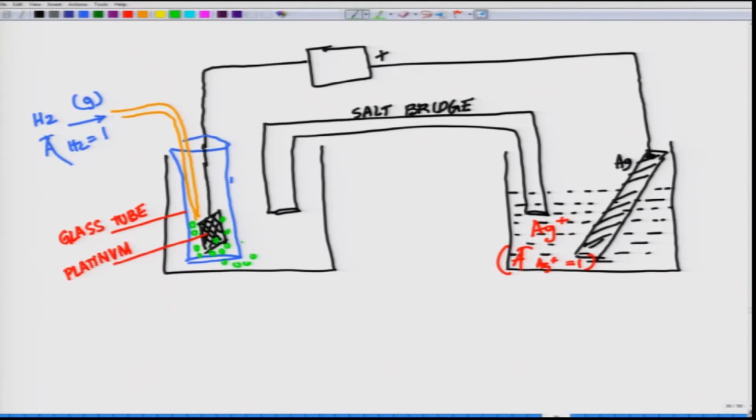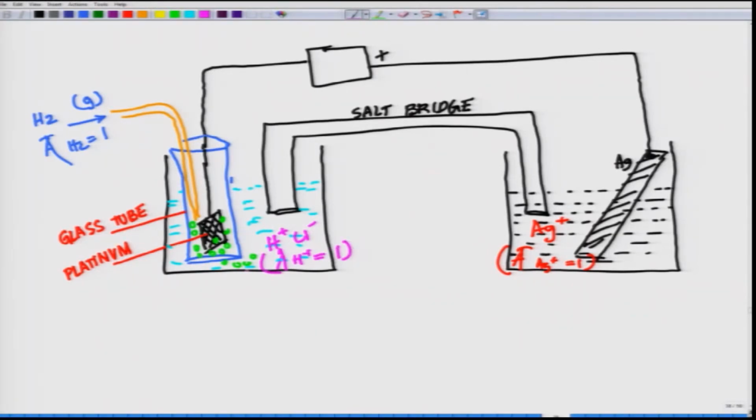The solution on this side is essentially HCl with an activity again of unity, where the activity of H plus is equal to 1.